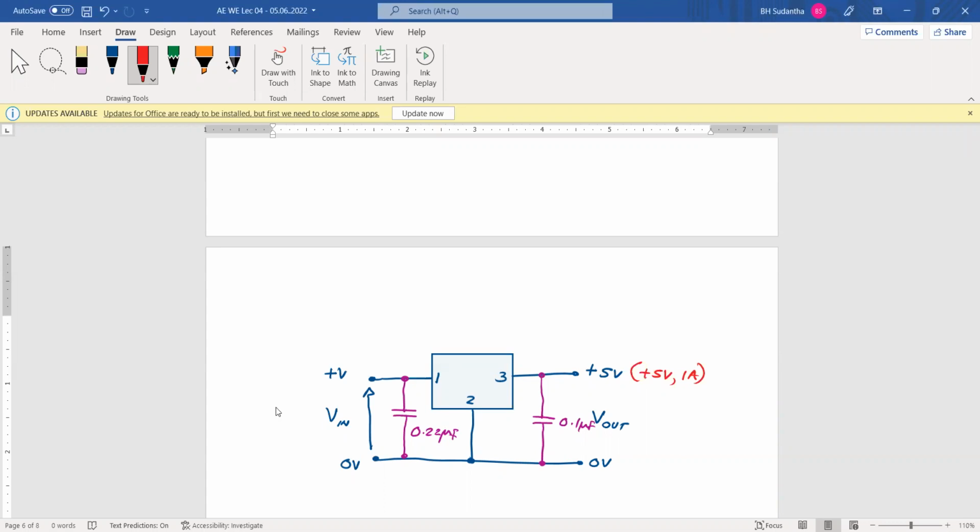You have to give 6 to 35 volts DC to this point. And when your power supply is providing 6 to 35 volts as the input voltage, this IC can provide a fixed 5 volts output at 1 ampere.